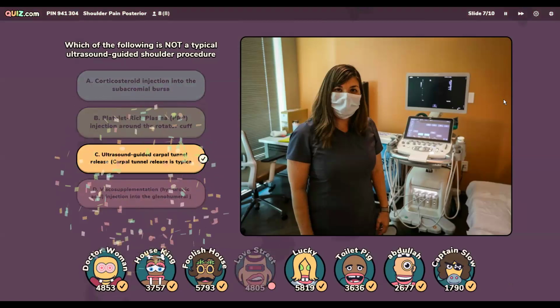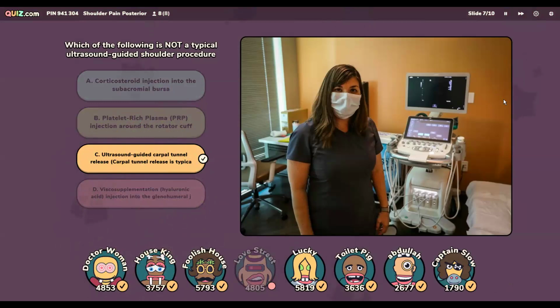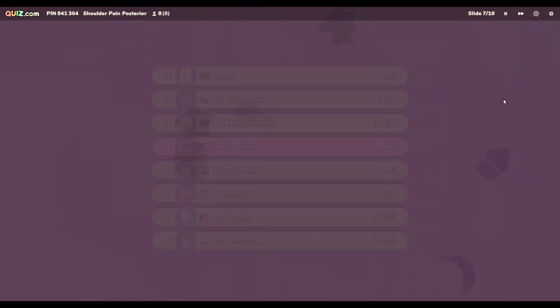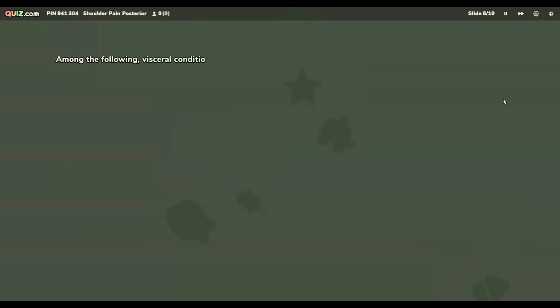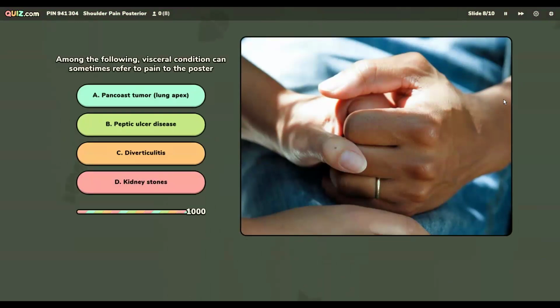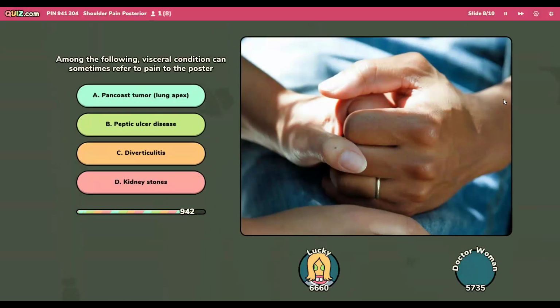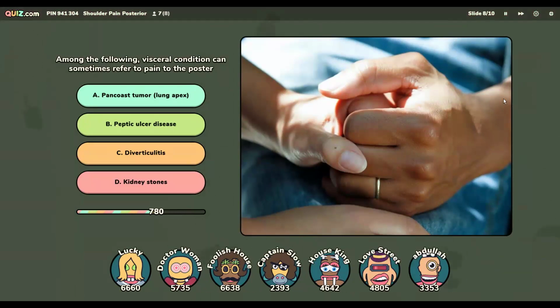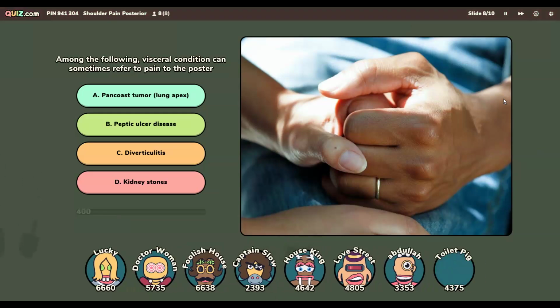Ultrasound guided carpal tunnel release. Which visceral condition can sometimes refer pain to the shoulder?